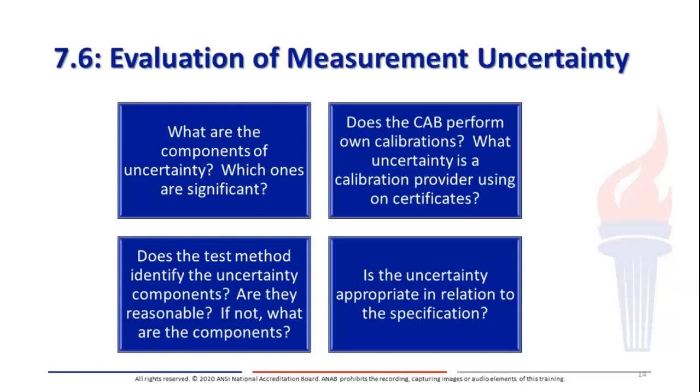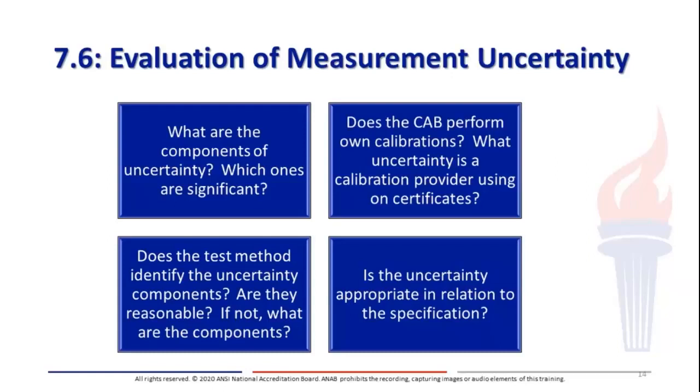Are they reasonable for our situation, or does our situation present other components that, whether the standard deemed them insignificant or not, may be significant to the situation that the laboratory is in, or maybe the customer has presented some sort of requirements and special things that they want considered? So how does all that fit into those components as the test method has identified?